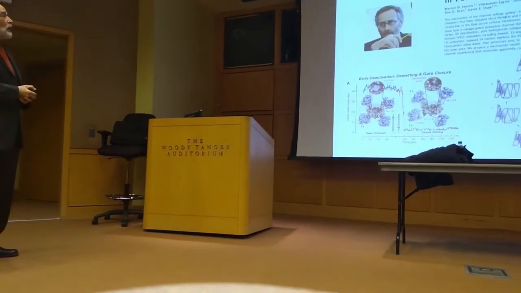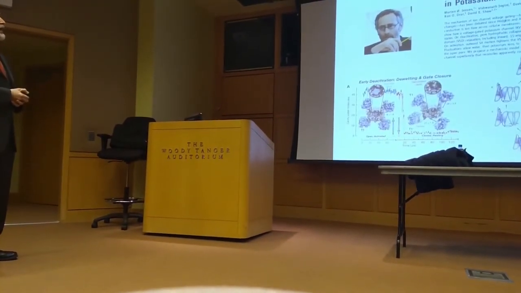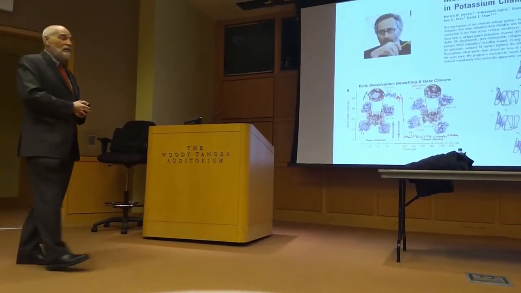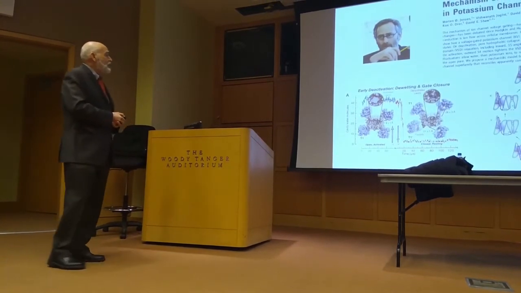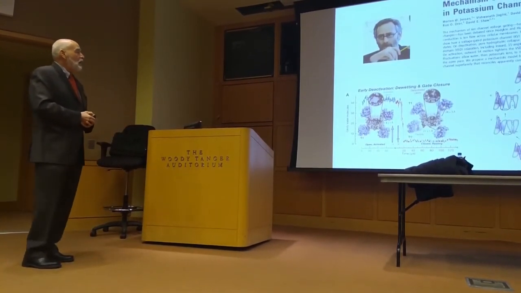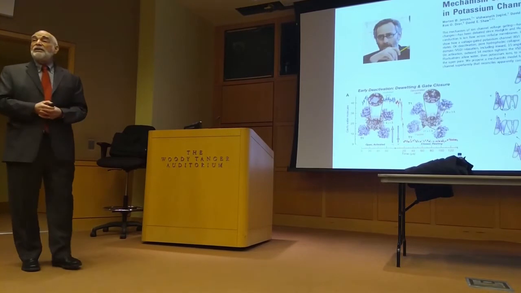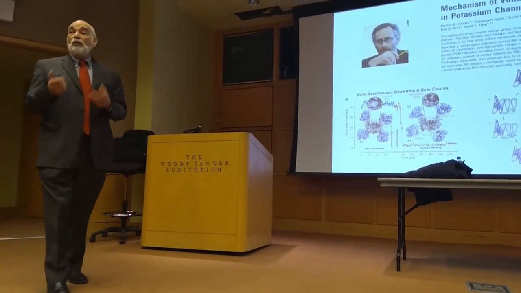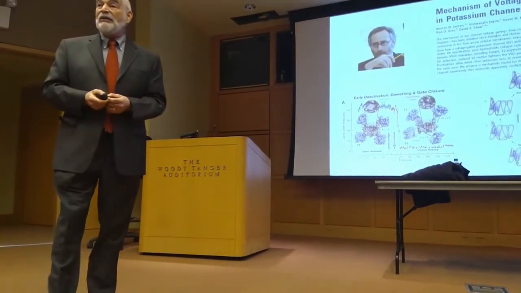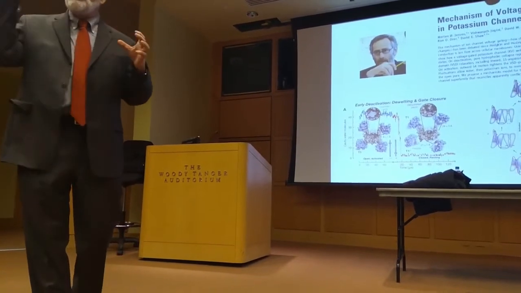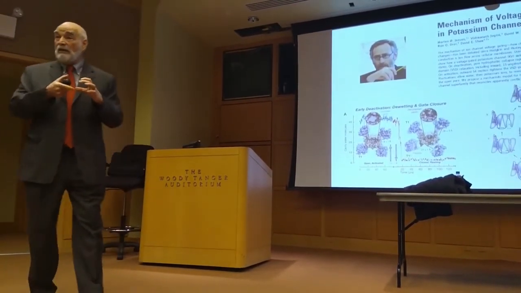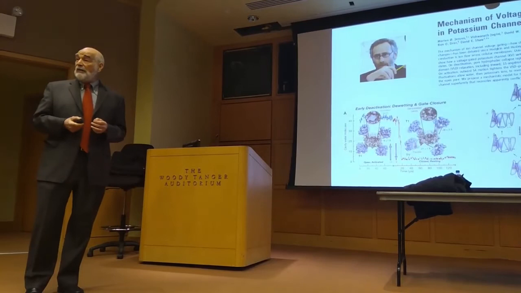And what they looked at was the mechanism of voltage gating in potassium ion channels. I'm not going to go into great detail about this, but what they found was a de-wetting transition: the switch between active and passive for the conduction of potassium ions through the channel was a de-wetting transition.